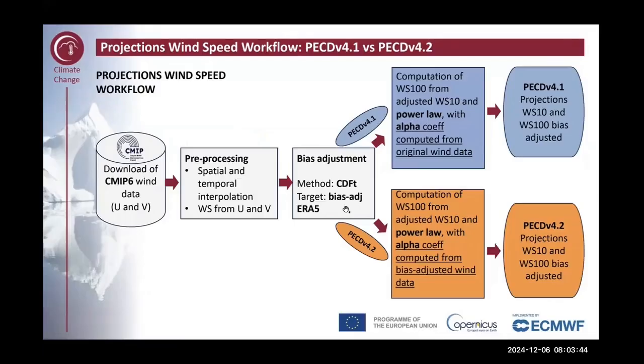We also changed the way we calculate the wind speed at 100 meters. In 4.1, we used an alpha coefficient computed from the original wind data, whereas with 4.2, we use an alpha coefficient computed from the bias-adjusted wind dataset.